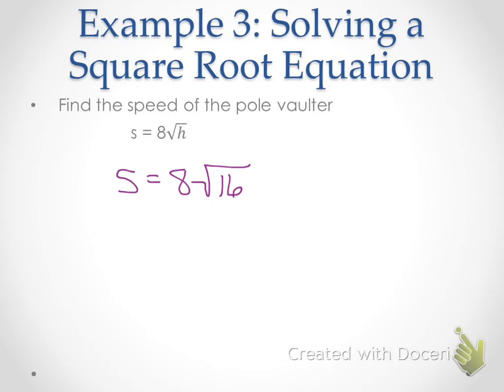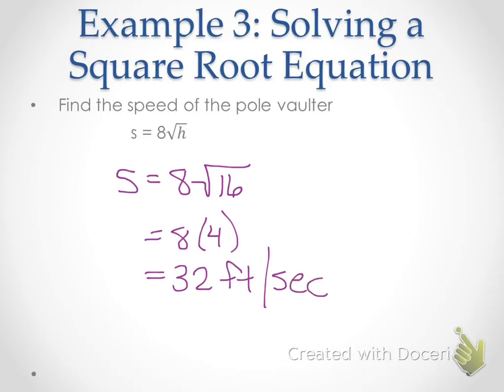Because remember, a radical is positive unless we say differently. So, equals 8 times 4, which equals 32 feet per second. Very unrealistic. We know that nobody can run that fast in real life. But, for example purposes, that is how we would solve a word problem using a radical.